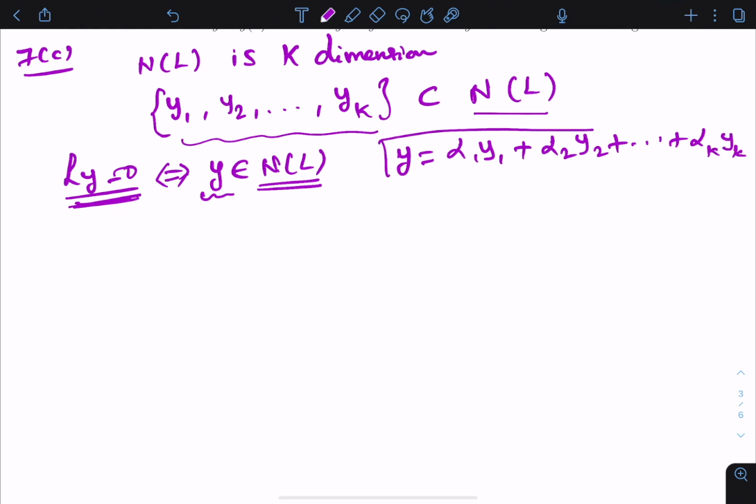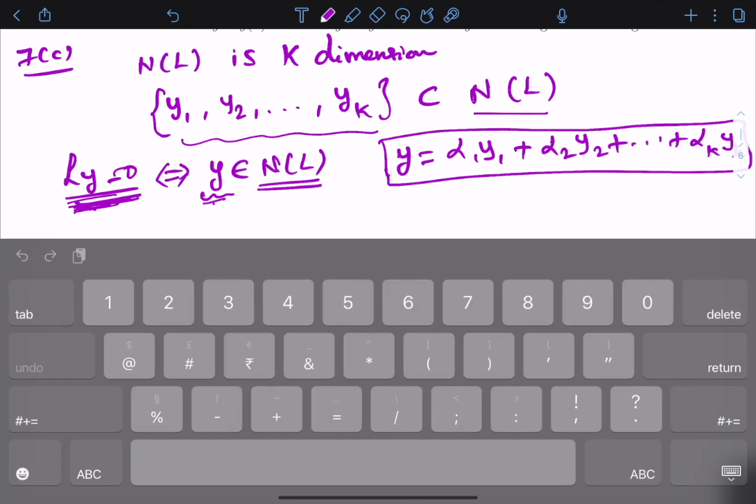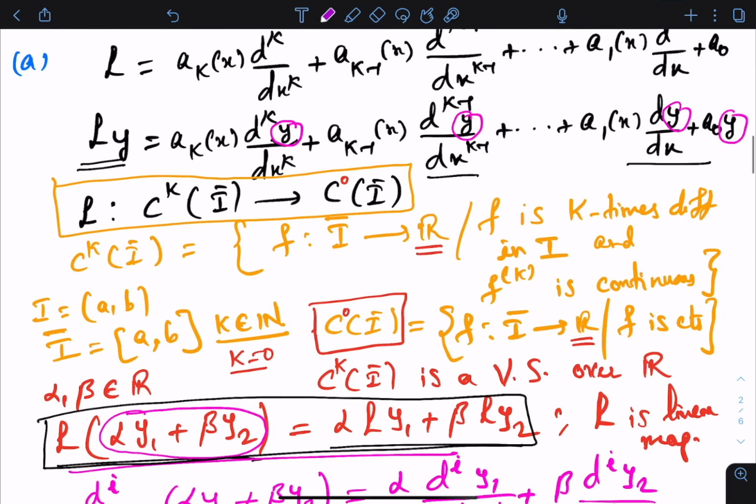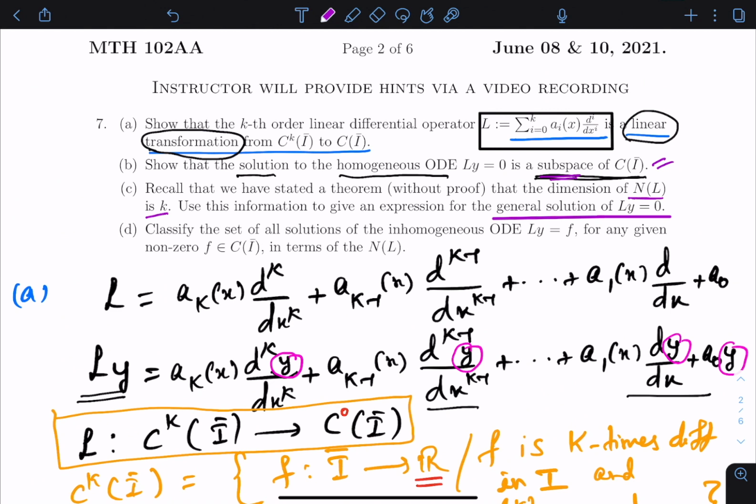So though there are infinitely many solutions, because it's k dimensional, it's enough to find k linearly independent solutions. Once you have k linearly independent solutions, any solution of the kth order linear homogeneous ODE is a linear combination of the k elements. Okay, so that's about 7C. So we have written down the general solution.